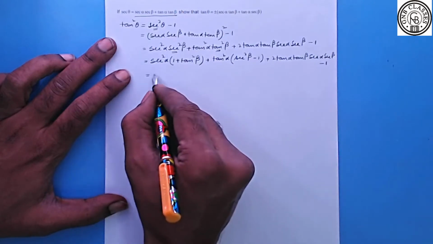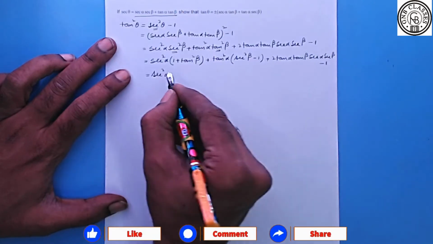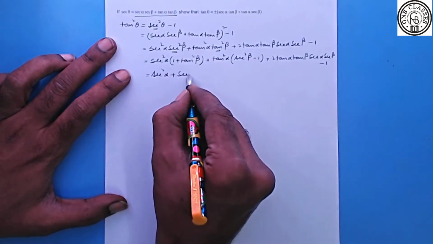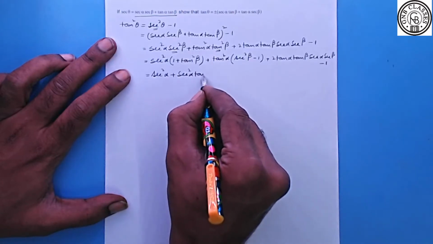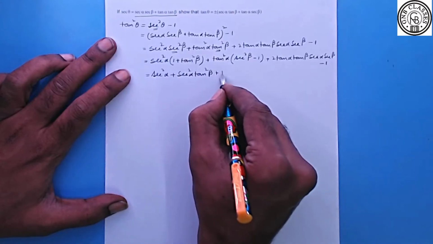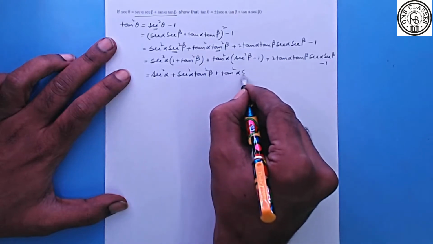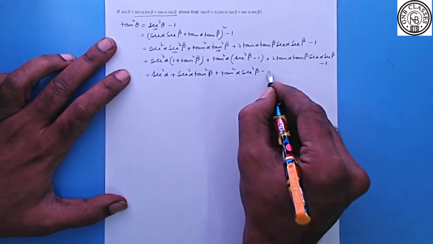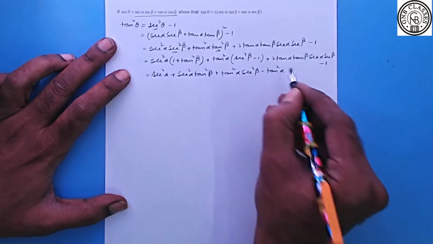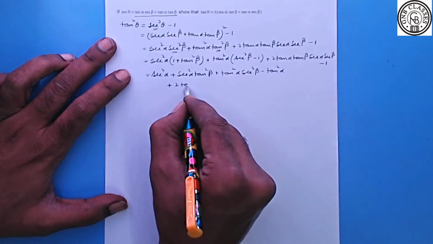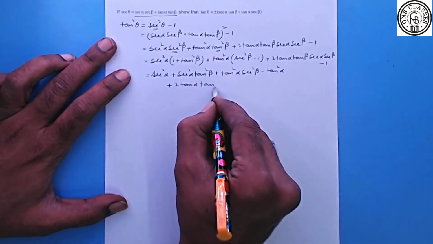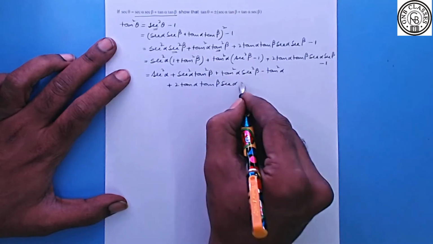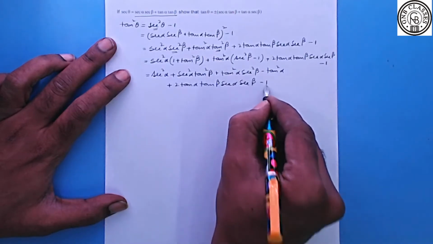So open up sec square alpha tan square beta plus tan square alpha sec square beta minus tan square alpha plus 2 tan alpha tan beta sec alpha sec beta minus 1.